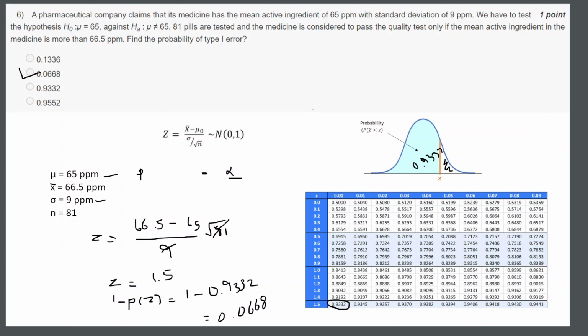We know all these values. So 66.5 minus the mean value, which is 65, divided by sigma, which is 9, over root 81. Here we can cancel the 9 with root 81, and Z is 1.5.